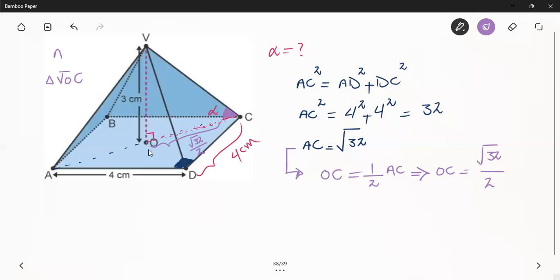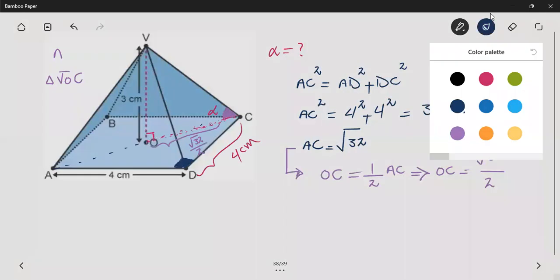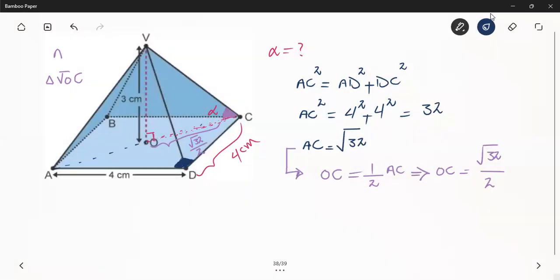The tangent ratio is the best one which describes this. So the tangent of alpha equals what? The opposite, which is 3, over square root of 32 divided by 2.